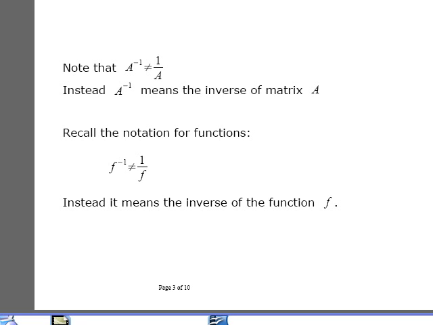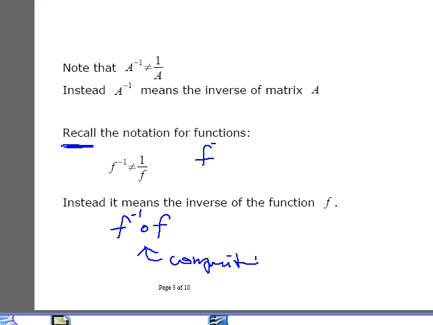Note this notation problem. We've had this before with functions. f to the minus 1 does not mean 1 over f. It means the inverse function of f. And the only way to determine if they're inverses is to compose them. You have to use composition. These are functions of x.